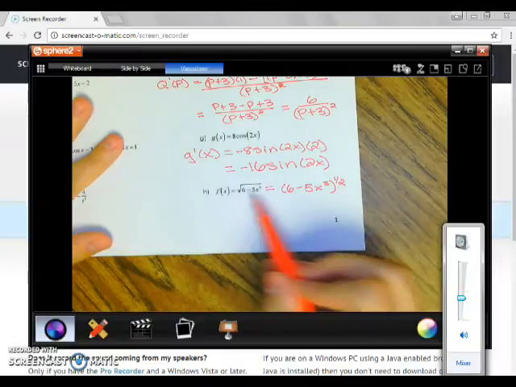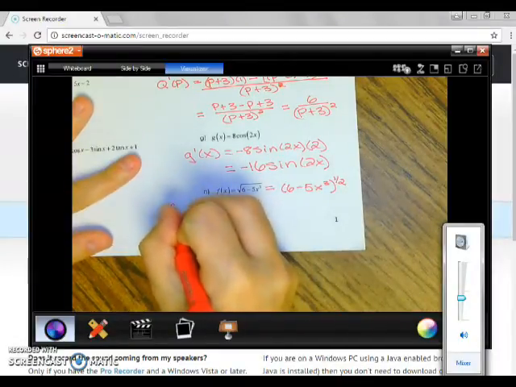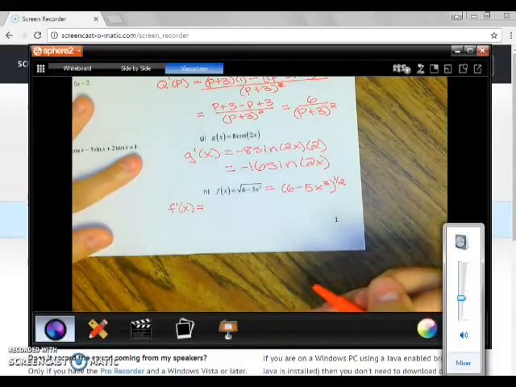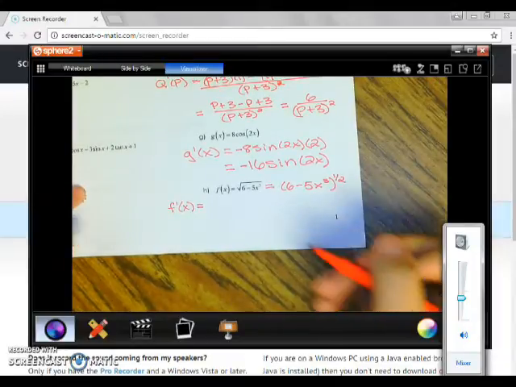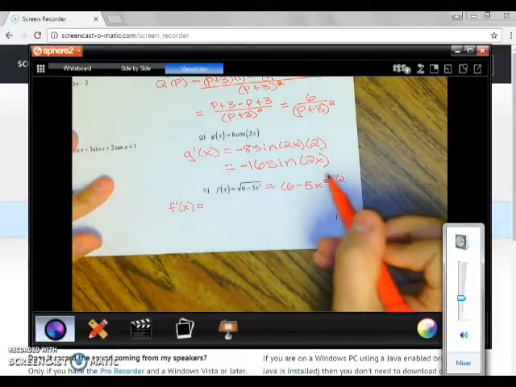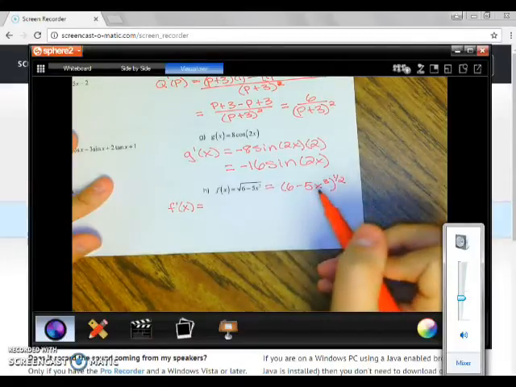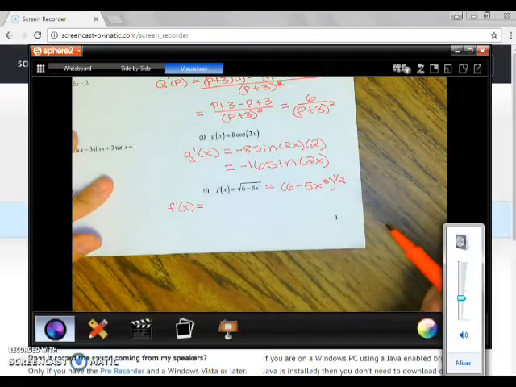Notice, this is equivalent to this, but now I'm going to take the derivative, so my notation is going to change to f prime. The derivative of this is a very classic chain rule, where the other one was chain rule with trig. So we're going to take the power, bring it out front, recopy the quantity, and decrease the power by 1.